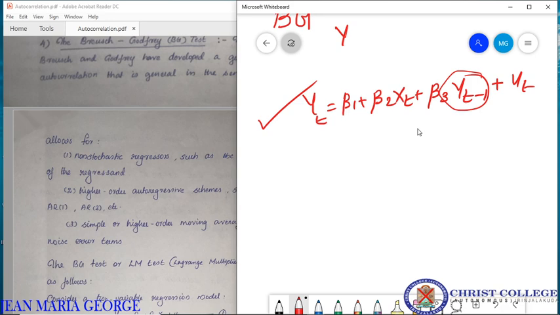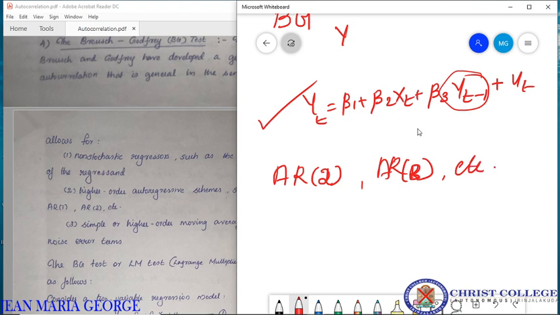The second condition is that higher order autoregressive schemes are also applicable. In the D statistic, we said that only the AR1 scheme, that is autoregressive with first lag, is possible. Here in the BG test, an autoregressive model with 2 lags or 3 lags, anything will be possible.